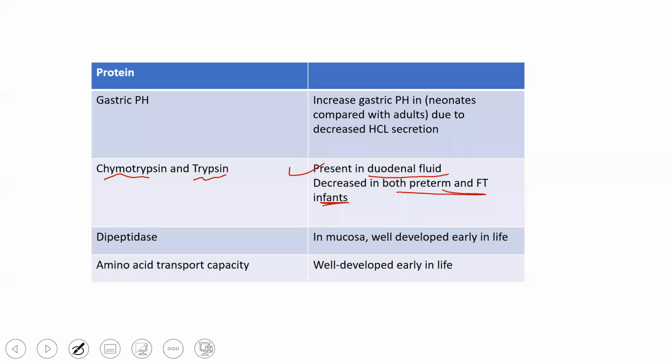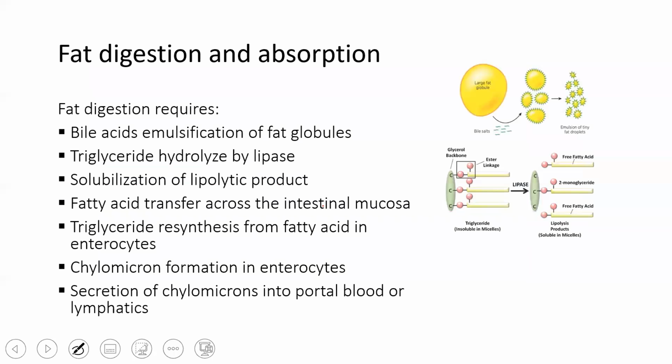Okay, very good. Let's talk very quickly about fat digestion and absorption. Number one, in order to absorb fat, you need bile acid. When the fat comes with the milk as large fat globules, the bile acid works in emulsification, attaching to the surface and breaking it down into tiny fat droplets.